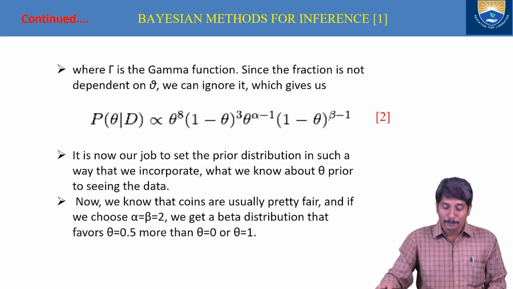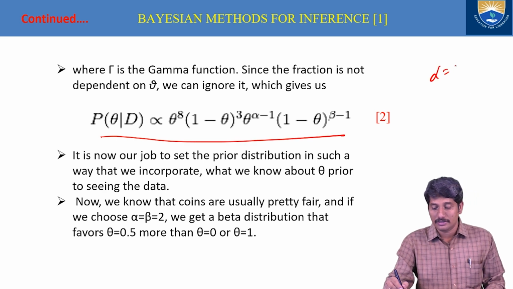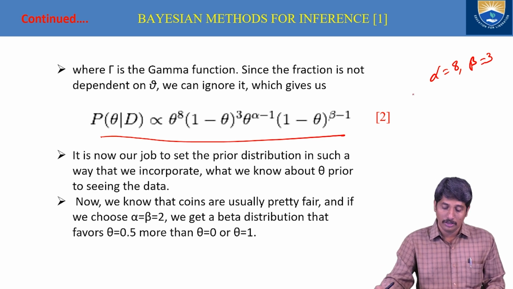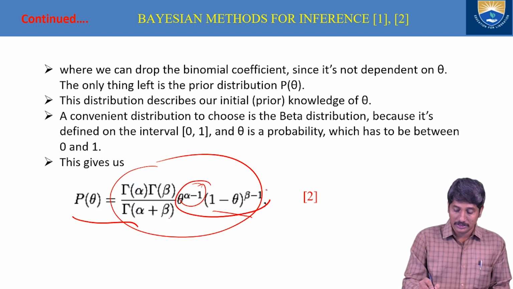So P of theta given d, here alpha is 8, beta is 3. What happens when we see this in the gamma function? Here we are not touching this.